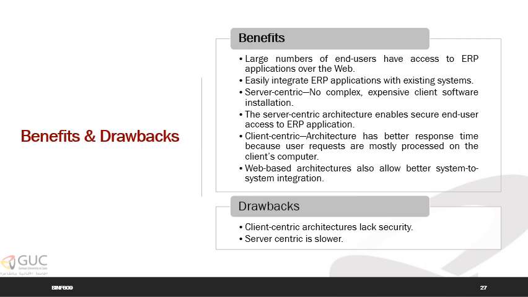The benefit of server-centric architecture is that there is no complex, expensive client software installation, while the internet client device accessing the internet architecture already has all the software and configurations it needs. No additional software needs to be installed on the client for interaction with ERP applications.